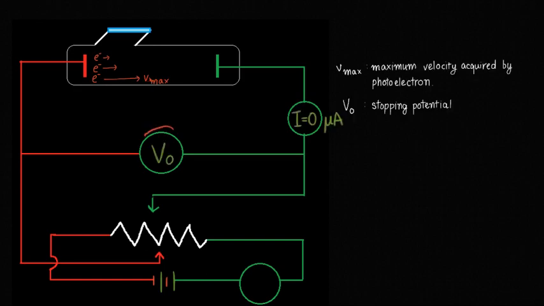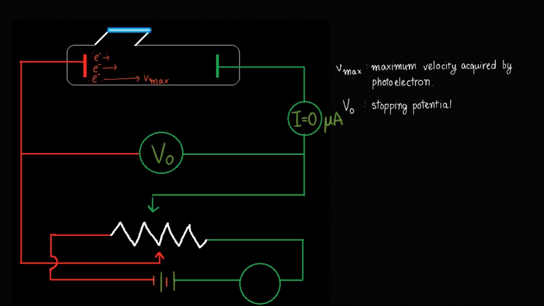Now let us consider the stopping potential. What should the photocurrent detected be? Zero. That means no electron should be emitted out of this photosensitive plate. This electron is stopped, this electron is stopped, as well as this electron. So the potential stops all of these electrons.